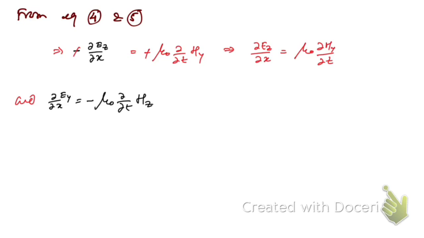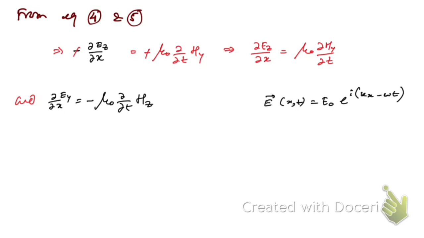Okay. Now you see we have considered that E(x, t) is equal to E naught e to the power i(kx minus omega t), right? That's what we have got.